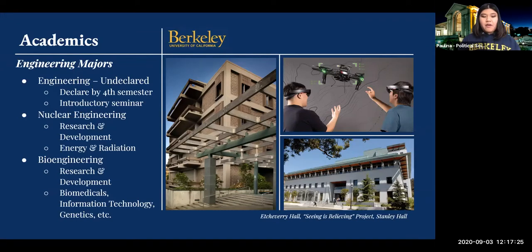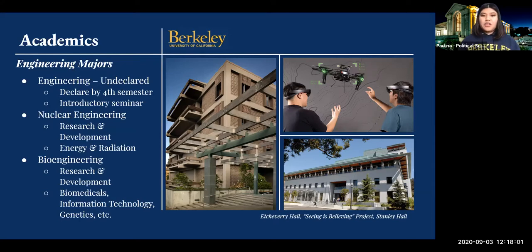And next we have bioengineering, which I personally really like. Bioengineering also has a lot of research and development, focusing on biomedicals, information technology, and genetics. It applies engineering principles to biological systems. One example is research done on bacteria engineered to produce certain chemicals. There's been bioengineering research into different kinds of medical imaging technologies and even creating organs by making tissues.